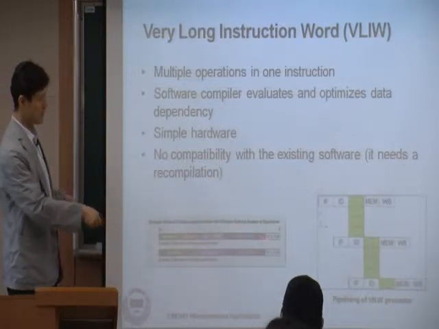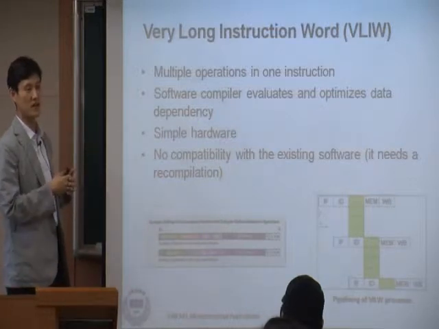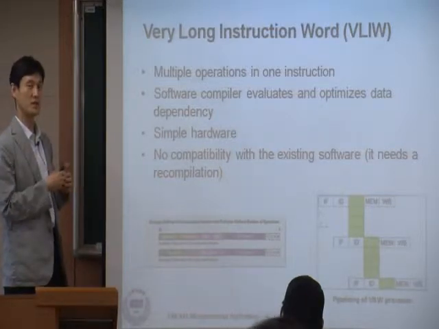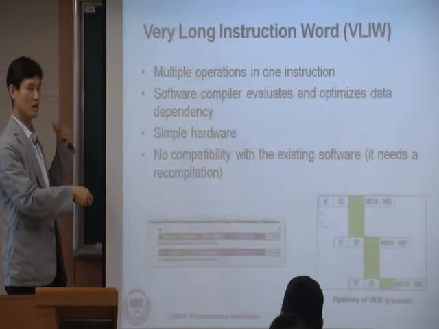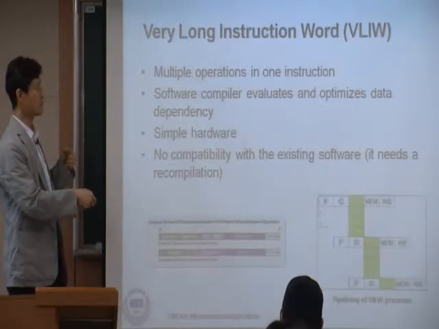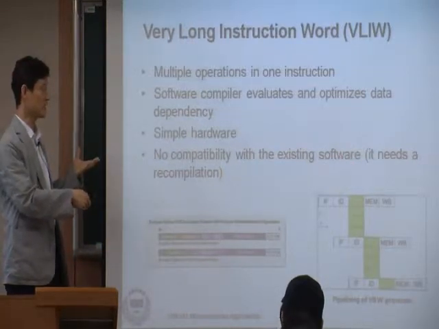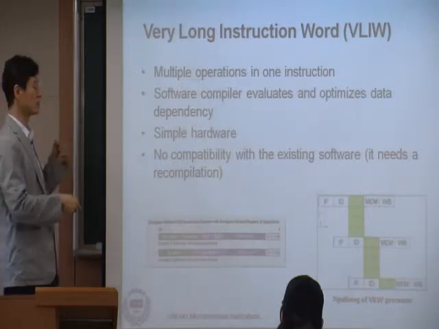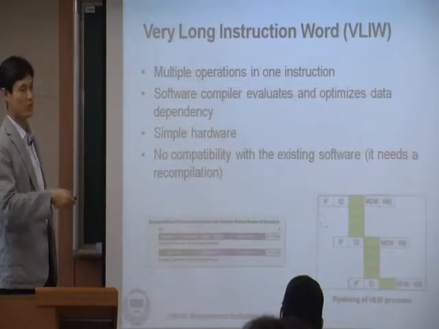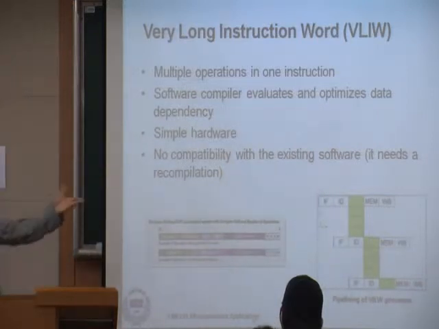All this job, the grouping of instructions, is done by the compiler or assembler. So you need to have a special compiler. There's no compatibility with the existing software, software meaning compiler in this case. Your assembly code is the same, but you need to do the recompilation using a special compiler, because our hardware is different.